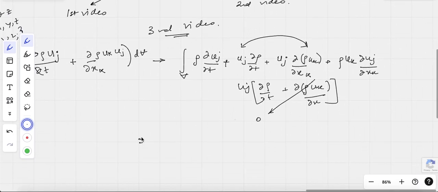So the left hand side of the momentum conservation equation becomes rho duj/dt plus rho uk duj/dxk, right?